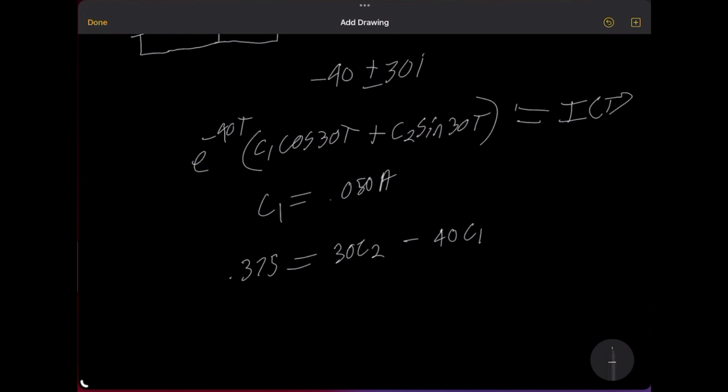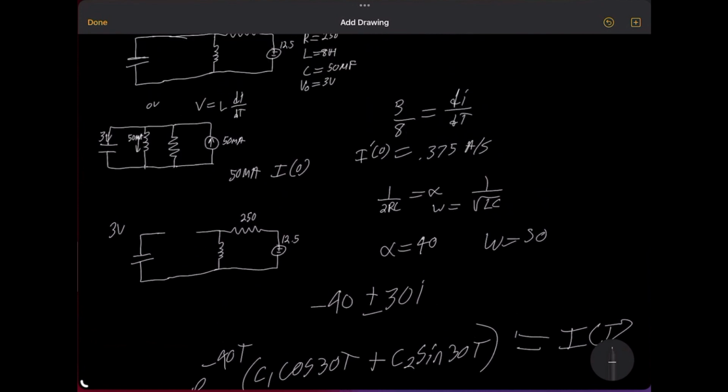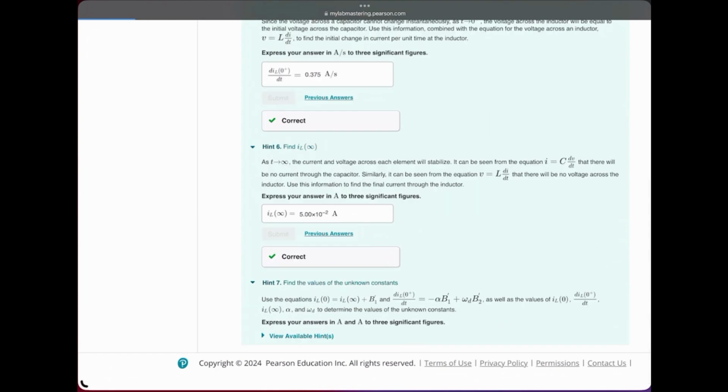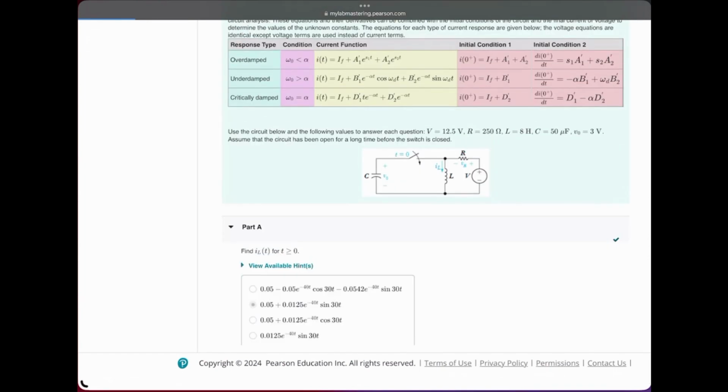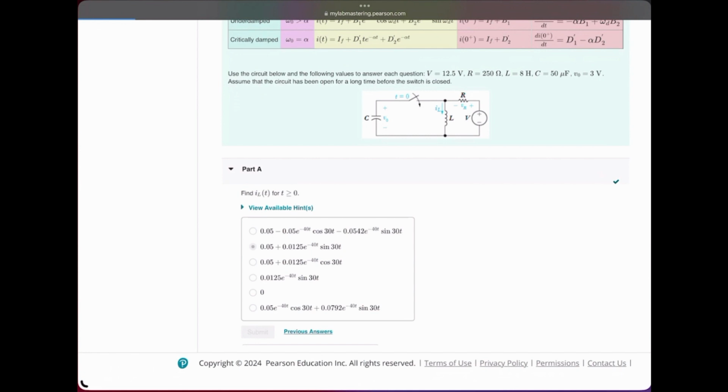Let me see. Is it milliamps? Make sure my values are right. Okay. So yeah, it's gonna be 0.05. Is I naught.